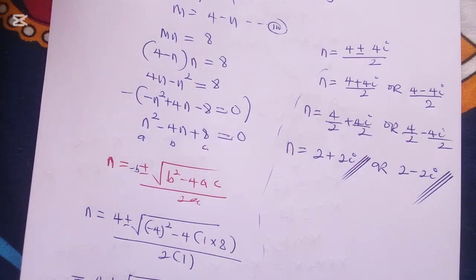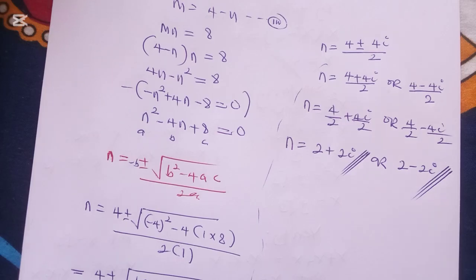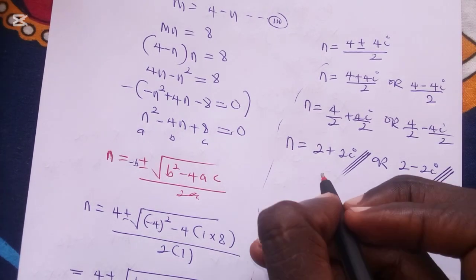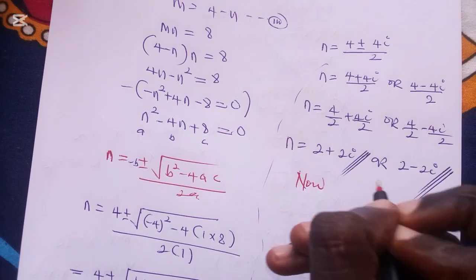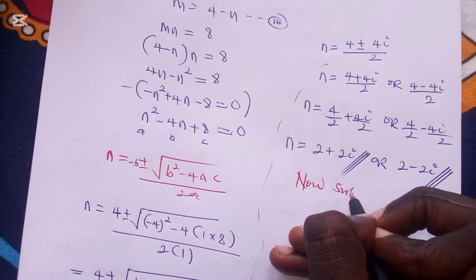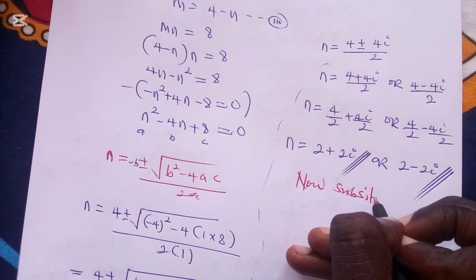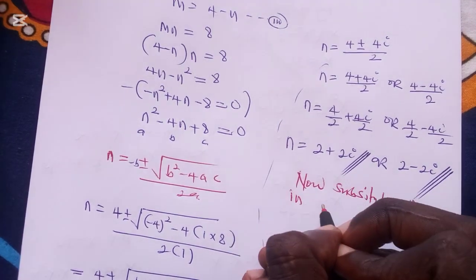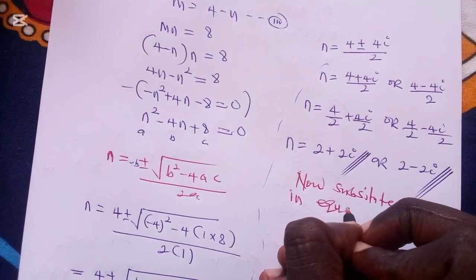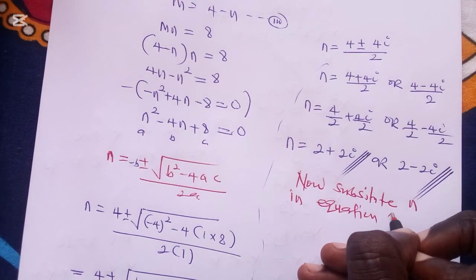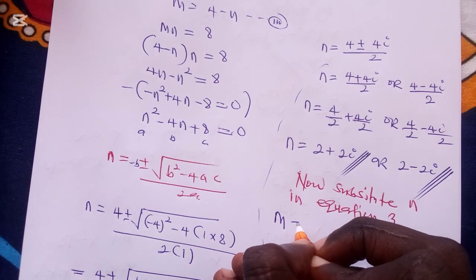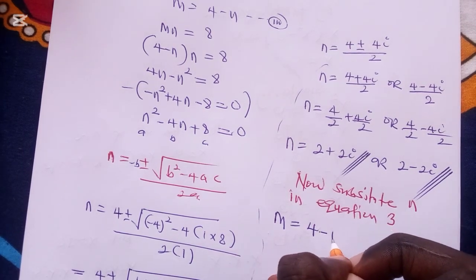Now similarly, since we want to find the values of m and n, we substitute n in equation 3. What is equation 3? We know equation 3 says m is equal to 4 minus n.